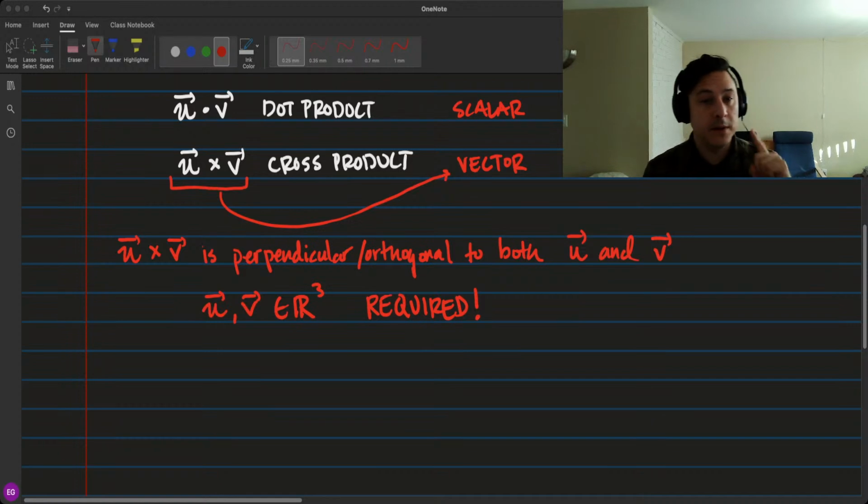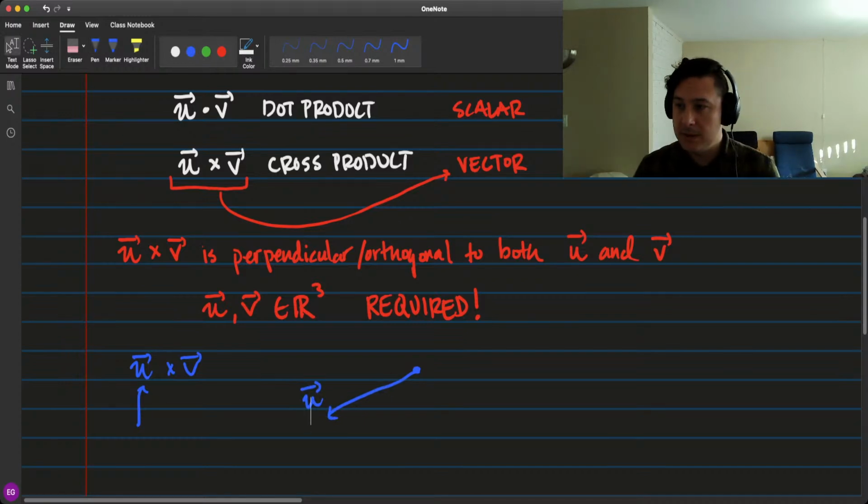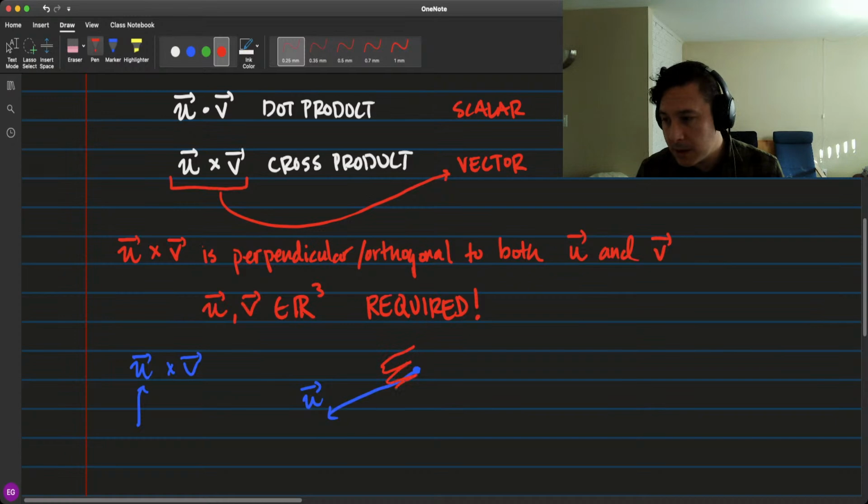The right-hand rule applies here. So let me draw a picture of what I mean. Because you're doing u crossed with v, you start with the u vector. So I'm going to draw my u vector right here. Your hand would line up with u, and your palm would be right here.